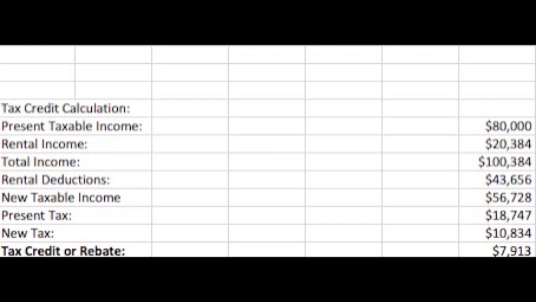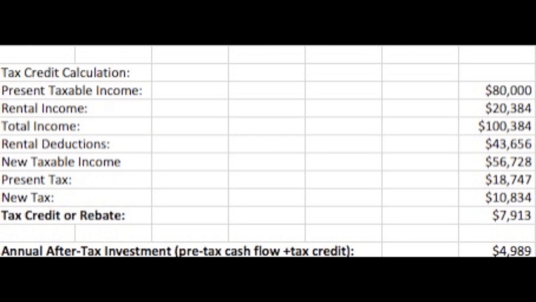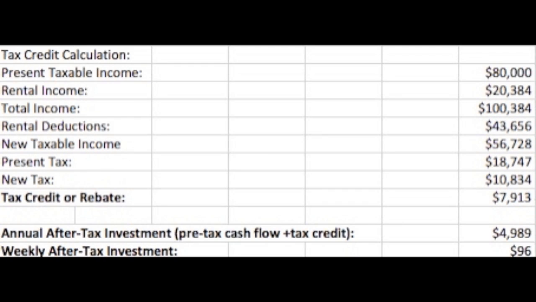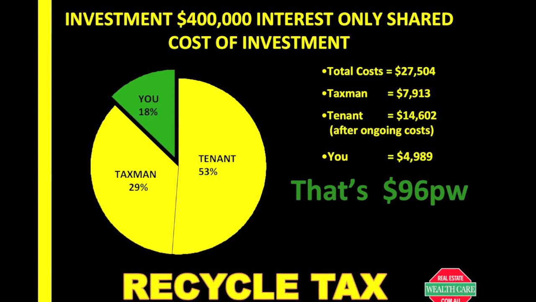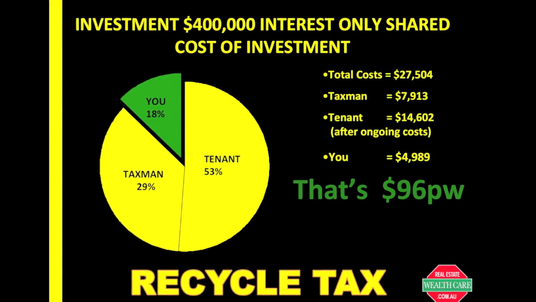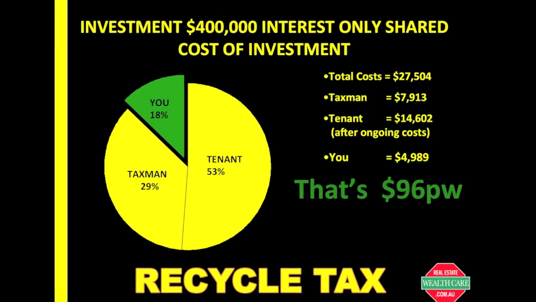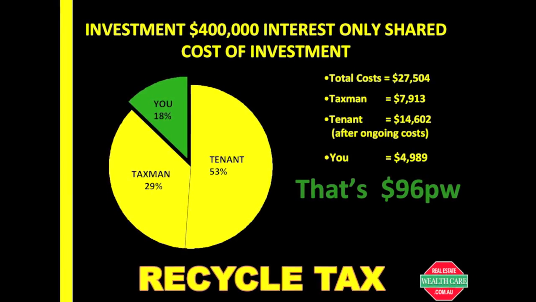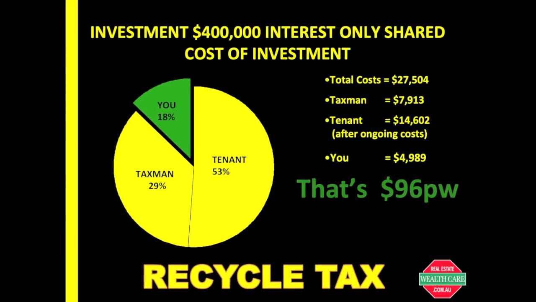So to feed your investment, you need to put in, after tax, $4,989. That's a weekly investment from you of $96 per week to buy this property. So on the pie graph here that I was showing you, the taxman contributes $152 per week, you contribute $96 per week, and the tenant contributes the rest.